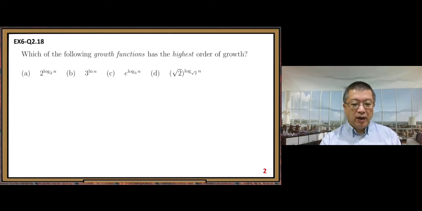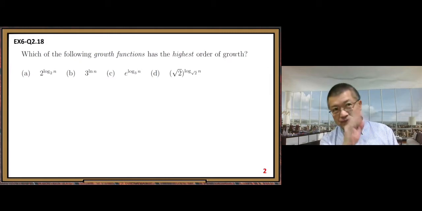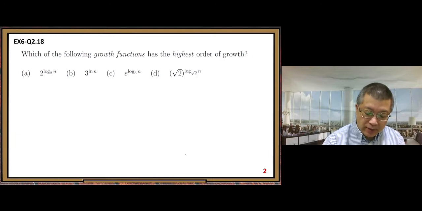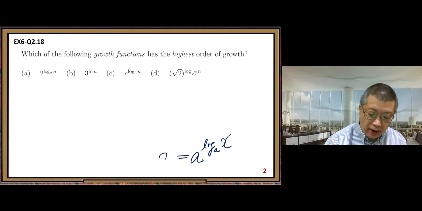Second one. This one may not be very easy for you, but you need to use an important formula here, which I mentioned in a previous video. Here, let me give you this one: a to the log base a of x equals x.